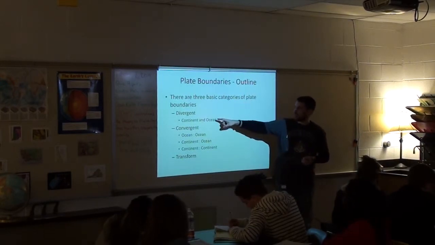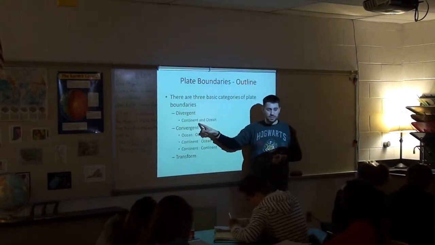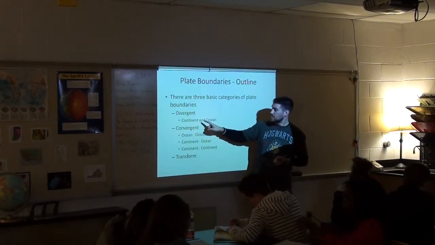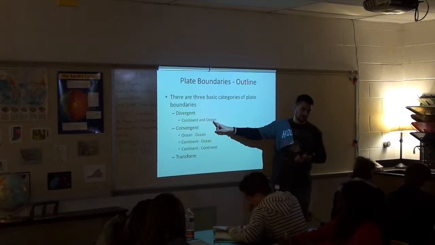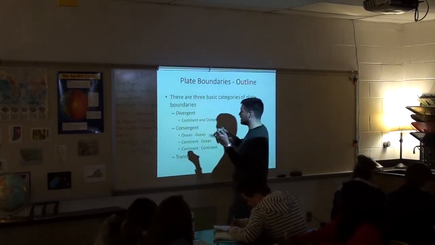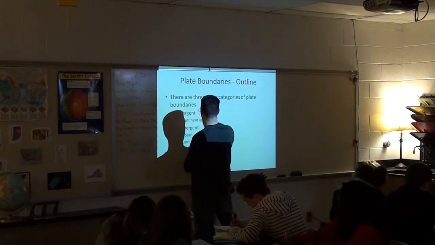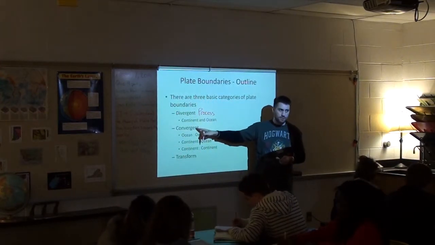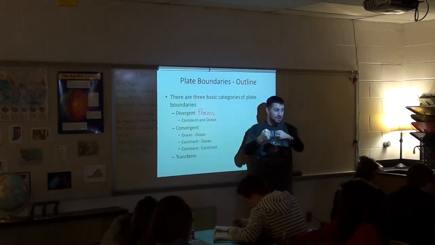Pictures are fun. Okay, so we're going to talk about divergent boundaries. There's continent divergent, and there's ocean to ocean divergent. Then you have, it's kind of a process, we would say the divergent process. Okay, then we're going to have convergent boundaries where they're coming together.